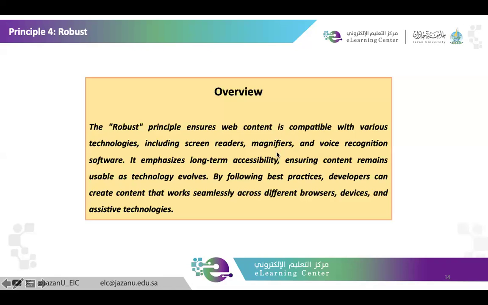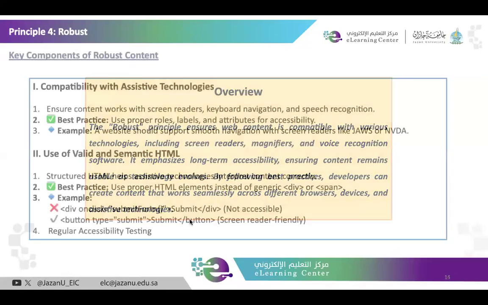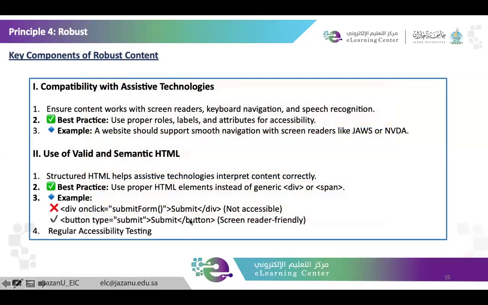So the key component of robust content is compatibility with assistive technology. What does it mean? The content must function correctly with assistive technology to ensure accessibility for users with disabilities. If a website or application does not properly support screen readers, keyboard navigation, or speech recognition software, users may struggle to interact with it.